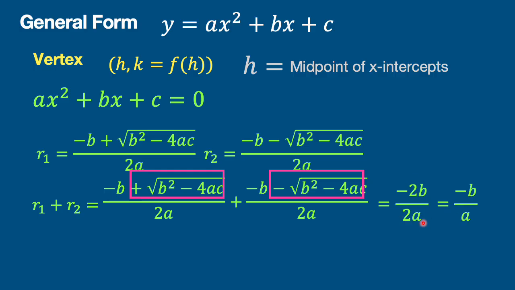The 2 cancels out. You have negative b over a. The h value is the middle point. Middle point is gonna be what? r1 plus r2 divided by 2. So negative b over a divided by 2. Divided by 2 is times one half. So you have negative b over 2a. So h is gonna be negative b over 2a.